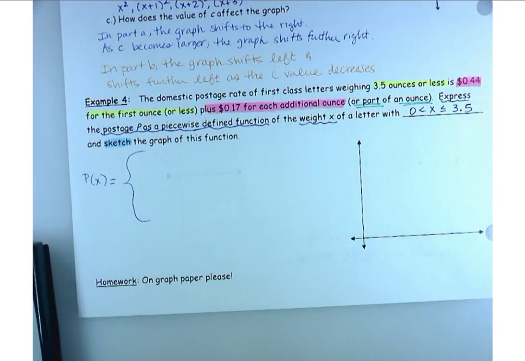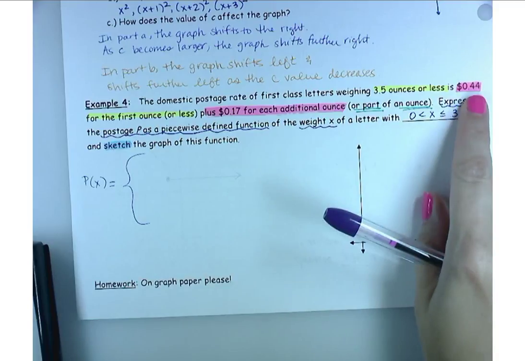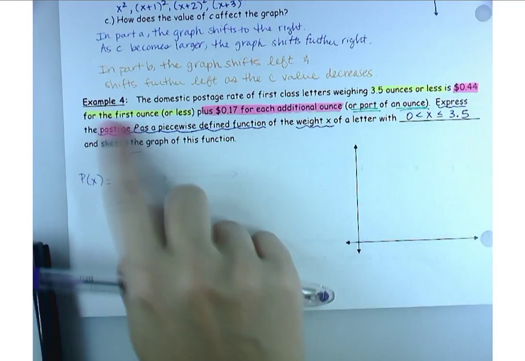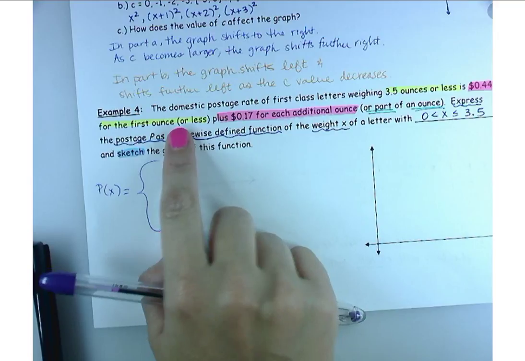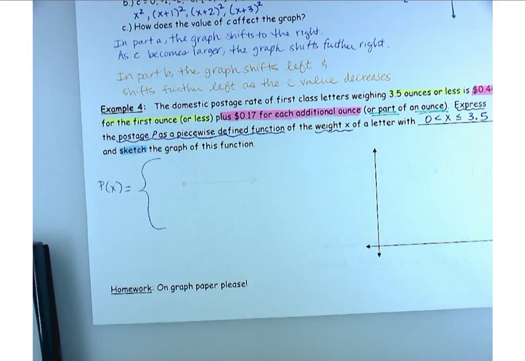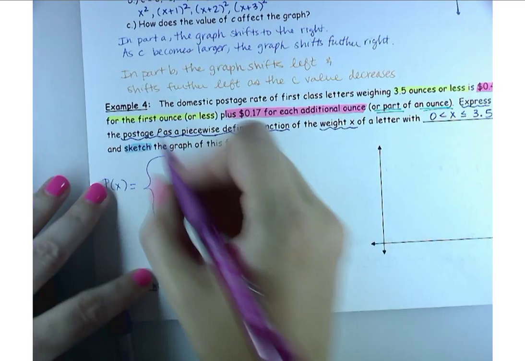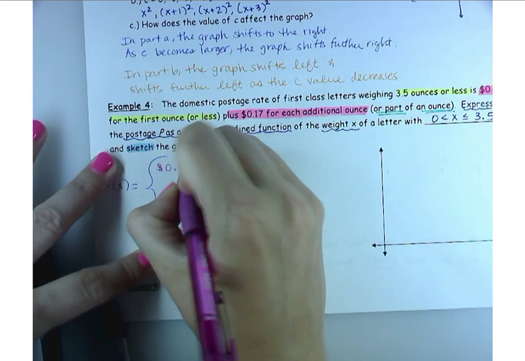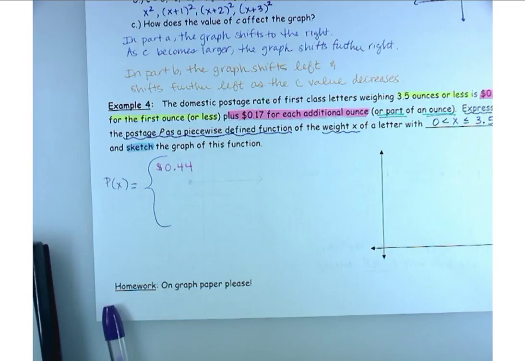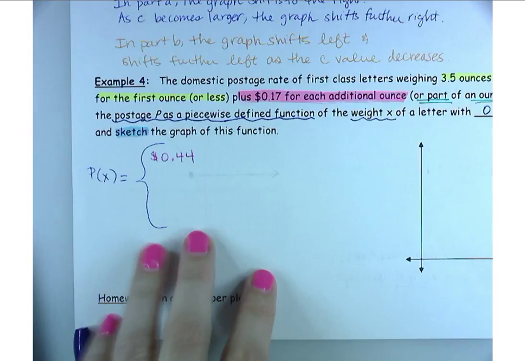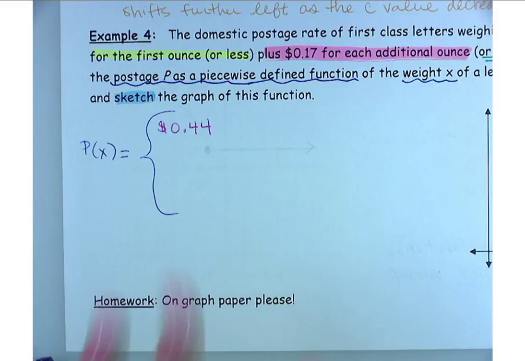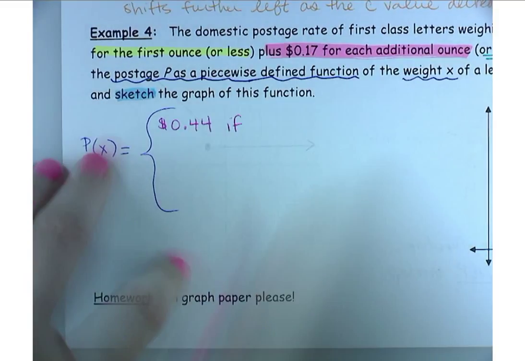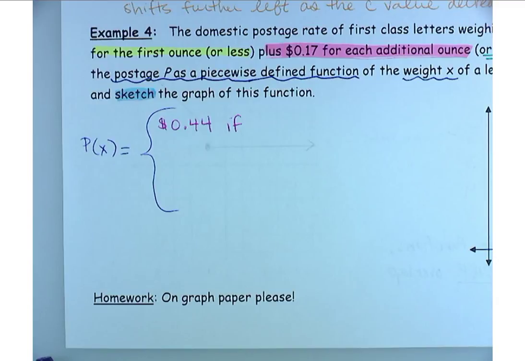Okay, so the first thing it says is that it's going to be 44 cents for the first ounce or less. So the 44 cents is going to be the postage that you pay if the weight is 1 ounce or less.